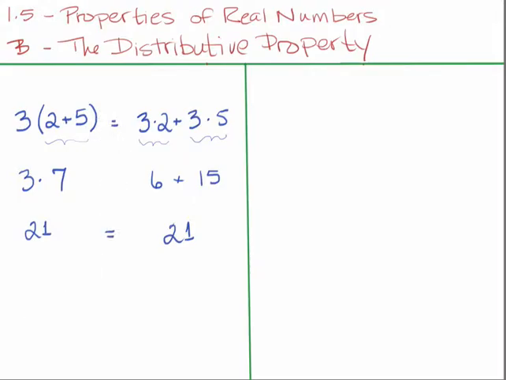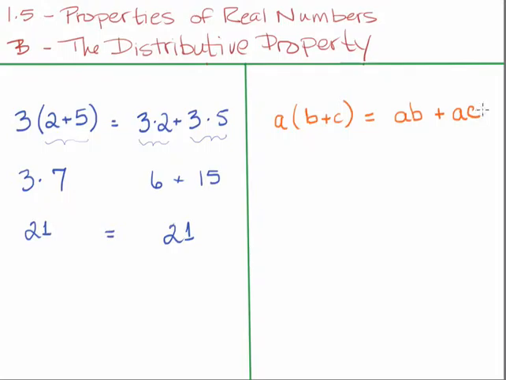In a more general sense, a number times a sum of two numbers can be written as the sum of the product of the first number and the second number with the product of the first number and the last number. That's a lot of words.